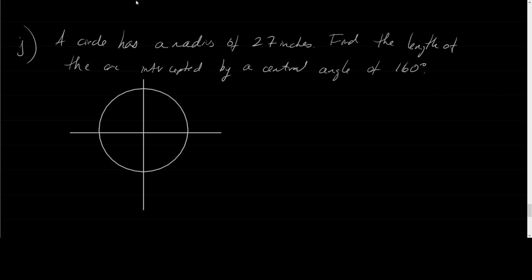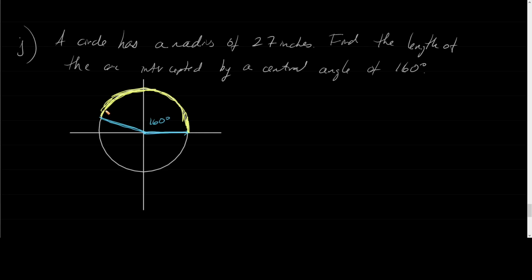Good enough. So we've got an angle here of 160 degrees. That would be somewhere around over here. And what we want to find out is the length of this arc. All right, we want to find out that arc length.